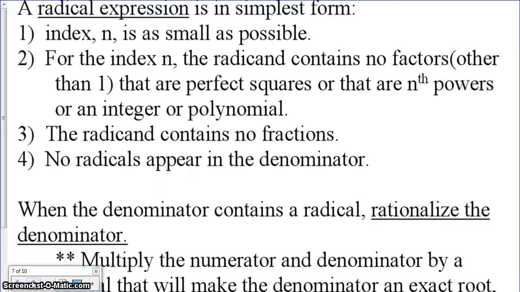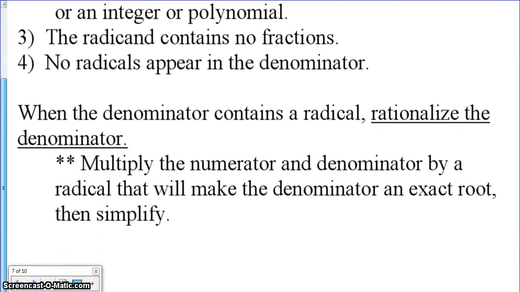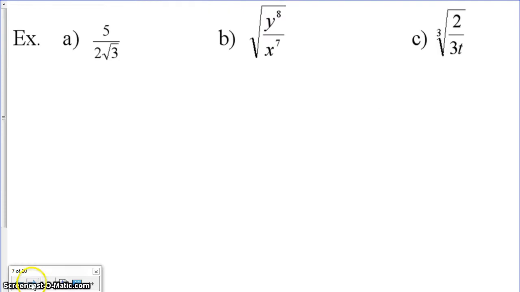When the denominator contains a radical, rationalize the denominator, which means multiply the numerator and the denominator by a radical that will make the denominator an exact root. Then you simplify. For example, I have 5 over 2 times the square root of 3. I cannot leave that radical in the denominator, so I'm going to multiply by square root of 3 over square root of 3.